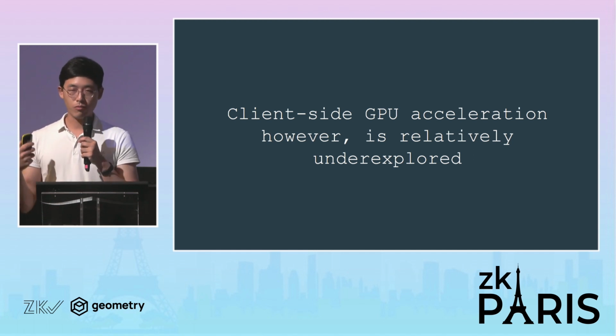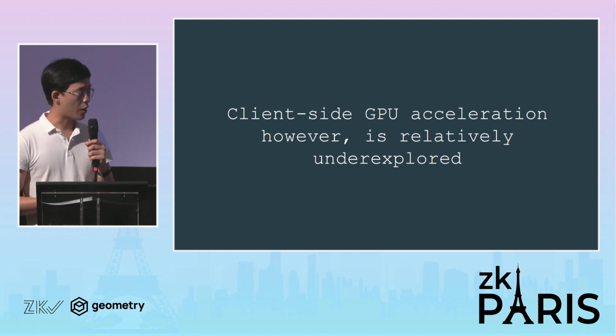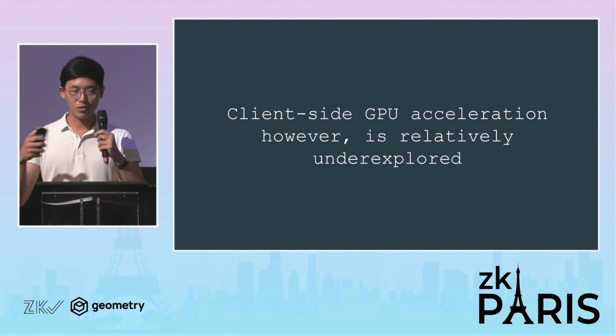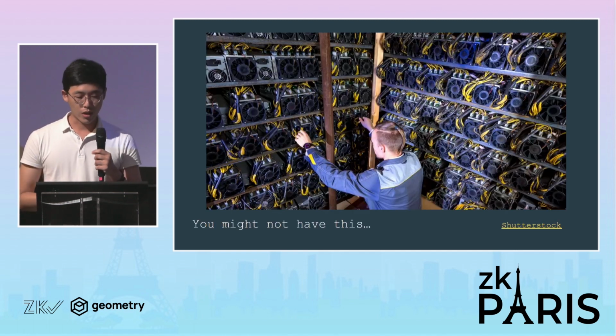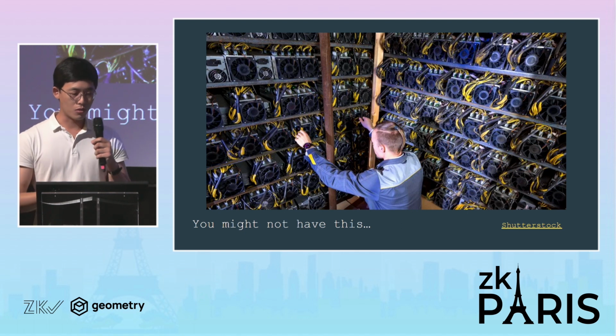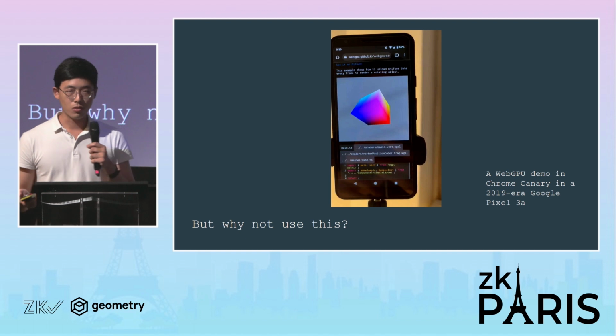Because WebGPU is so underexplored, I have observed that this domain is very underexplored. I think there's a lot of space for engineers and developers and researchers to jump in. And so even if you don't have a big GPU cluster, why not use your own device, right?